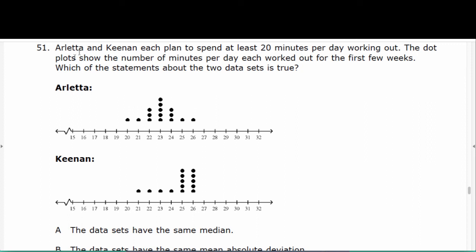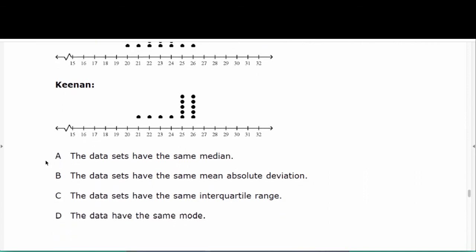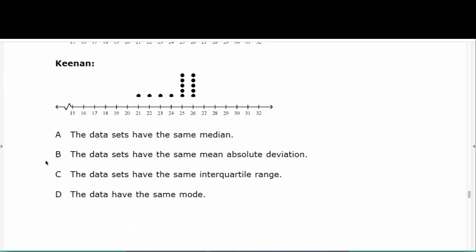Arletta, Keenan. A. The data sets have the same median. B. The data sets have the same mean absolute deviation. C. The data sets have the same interquartile range. D. The data have the same mode.